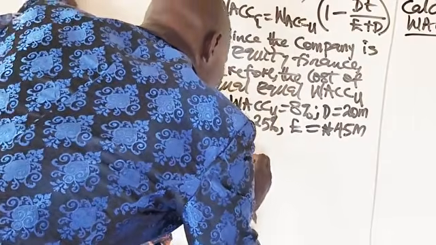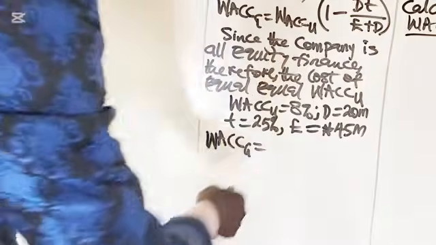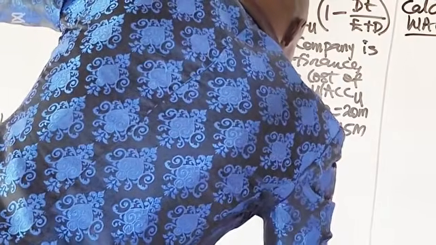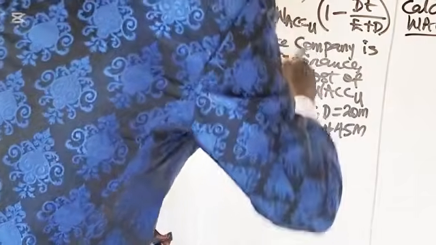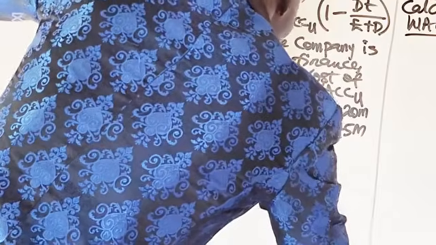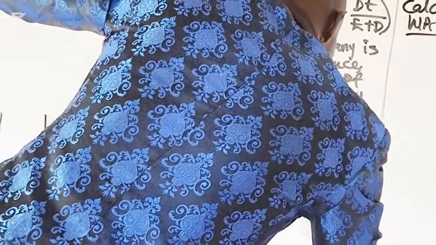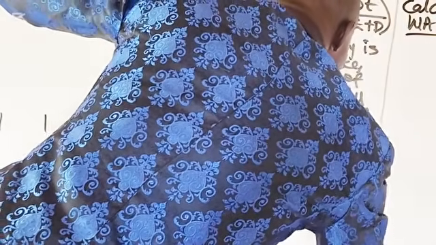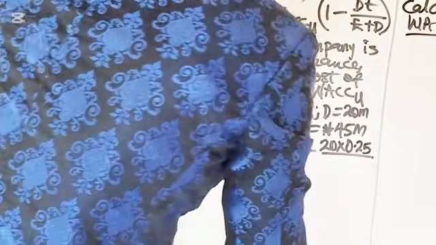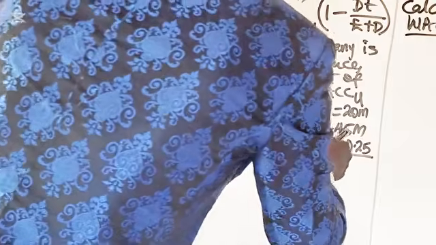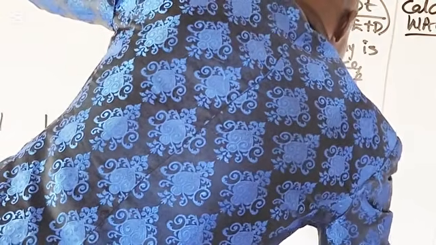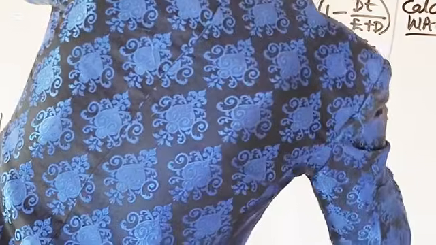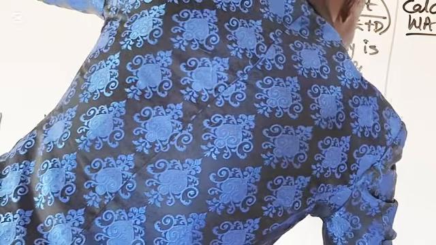WACC of a geared company equal to WACC of an ungeared company, which is 8%, plus, it is multiplied by 1 minus D. Our D is 20 million times tax rate, 25%, over value of equity, which is 45 million, plus value of debt, which is 20 million.